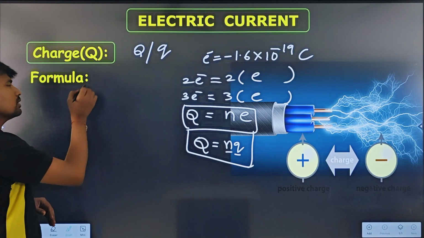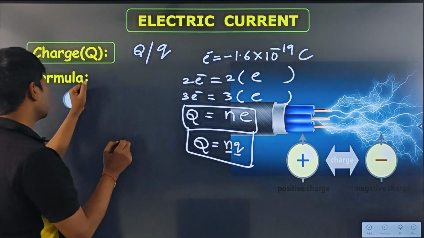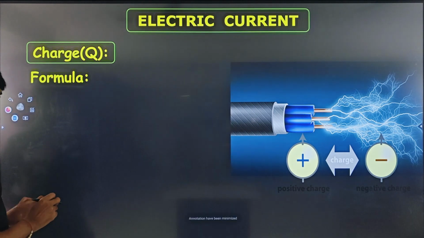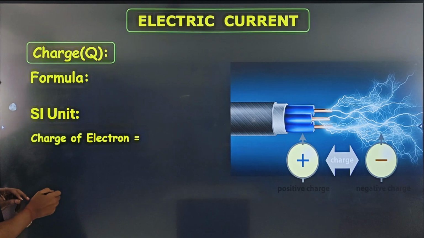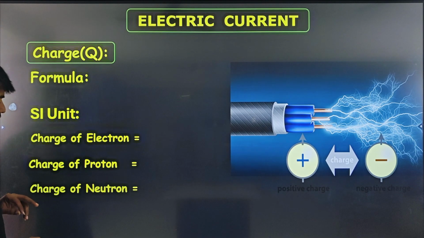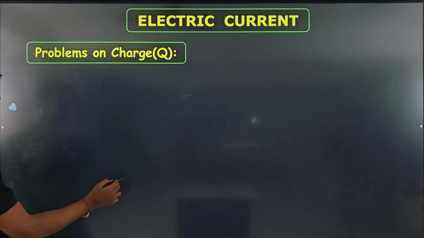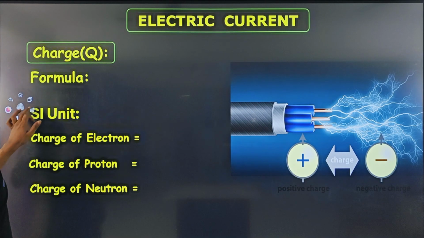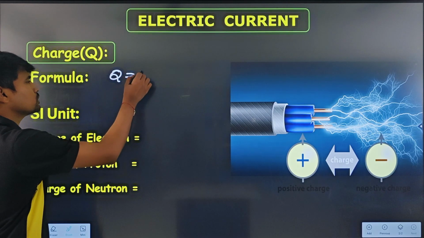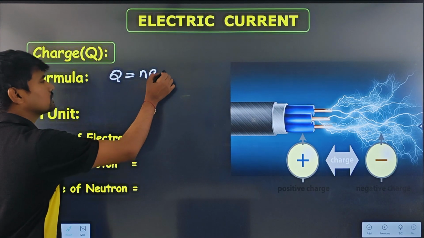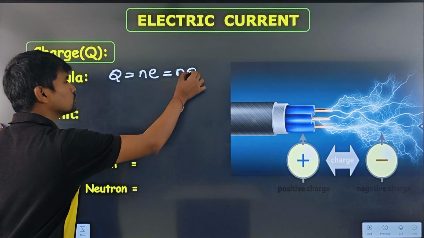Let us see the charge formula, SI unit, charge of electron, charge of proton, and charge of neutron. The formula I already told you: Q equals N into e, or N into small q.